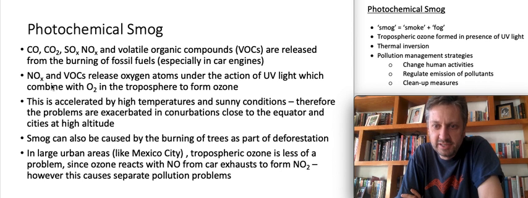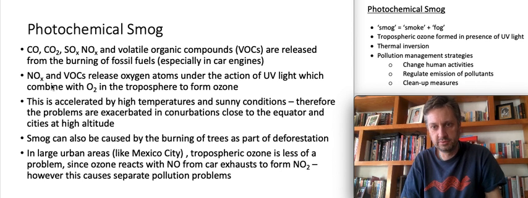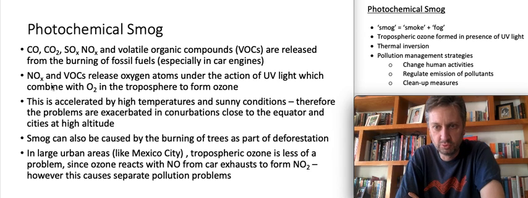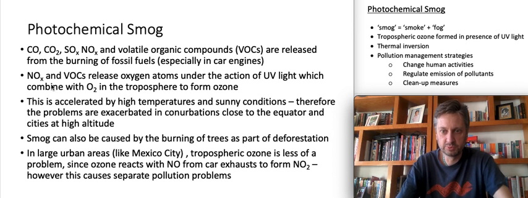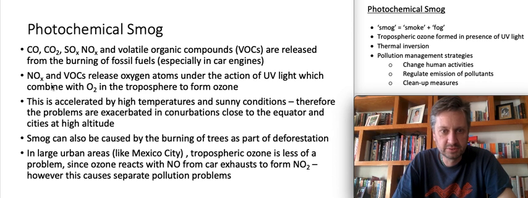And ozone is a very dangerous compound, especially in terms of lung disease, respiratory disease, especially dangerous for people that already have lung conditions like asthma. Obviously, if there's more UV light, that problem is worse and the more tropospheric ozone is formed.